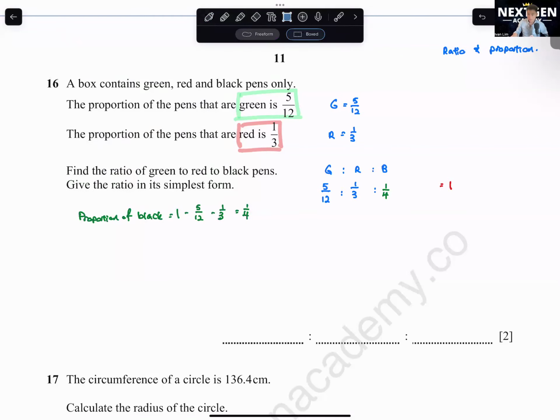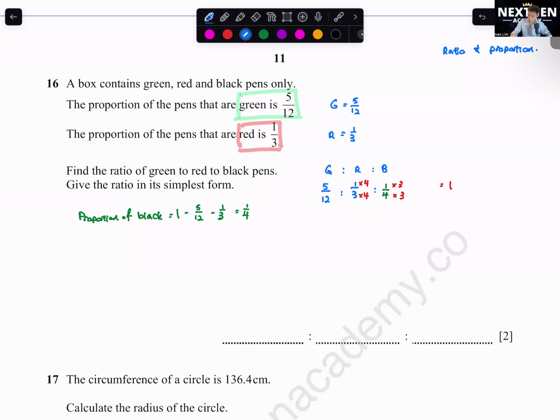Okay, now, what's the next thing that we need to do? When we do proportion, you don't want your denominator. You want it as a whole number. So to get rid of this, we change to a LCM first. What is your lowest common multiple between 12, 3, and 4? Which is 12, right? So we multiply this by 4 and 4, and this one we multiply by 3 and 3.